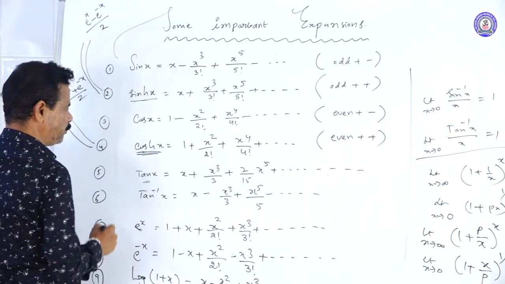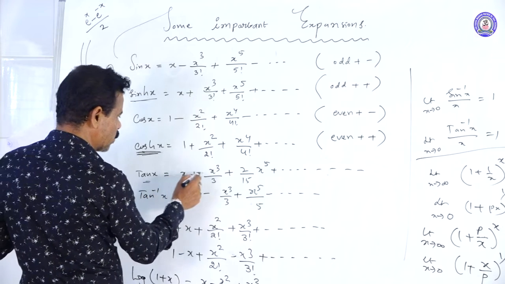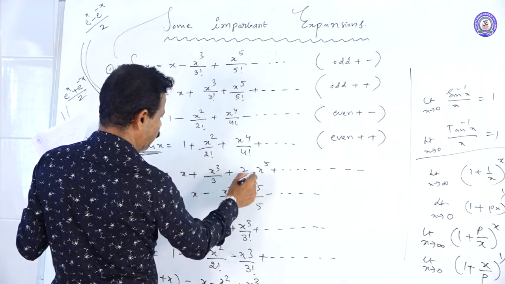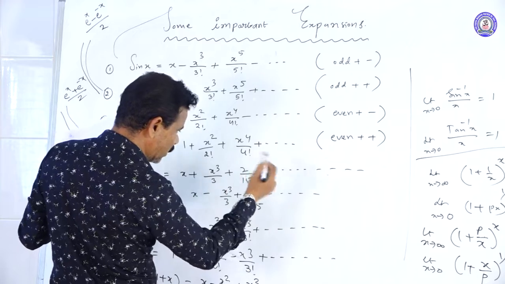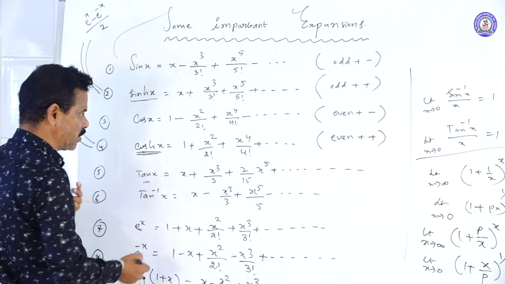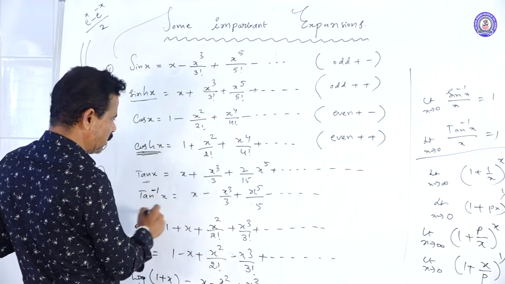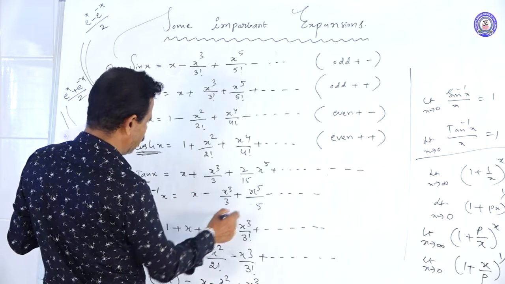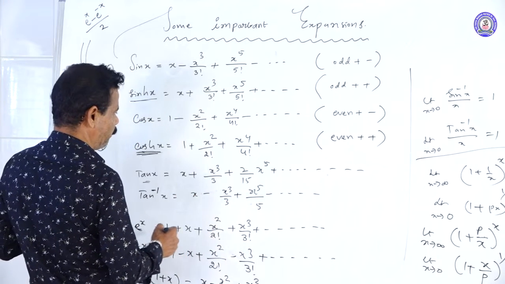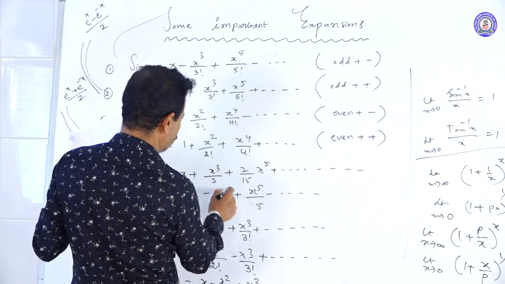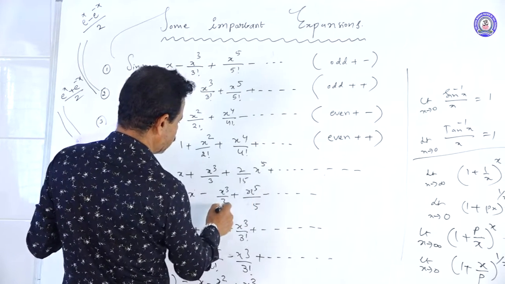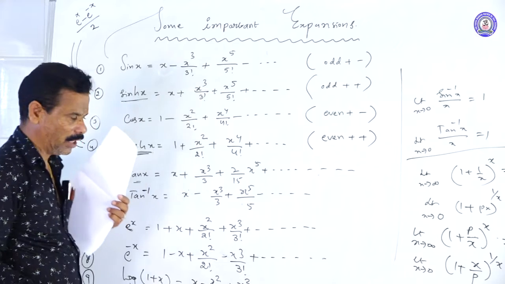Here tan x is x plus x cube by 3, plus 2 by 15 x power of 5, and it continues. Tan inverse x is equal to x minus x cube by 3 plus x power of 5 by 5. So here the powers 3, 5 are odd numbers and it continues.